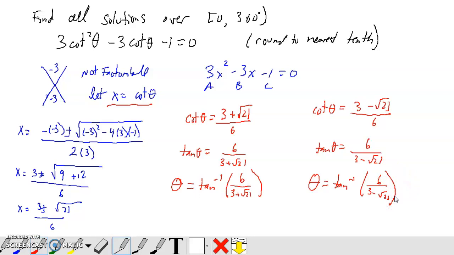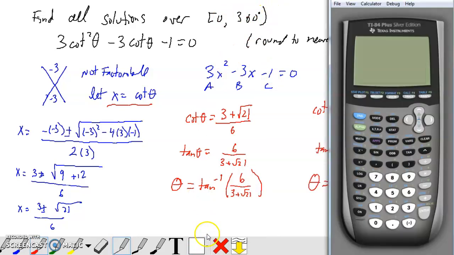Okay, so I want to find all my values, so I need to pull up my calculator. First thing I need to do is check my mode. I am in the correct mode for degrees. So I'm going to say the inverse of tangent, and I need 6 to be in the numerator.